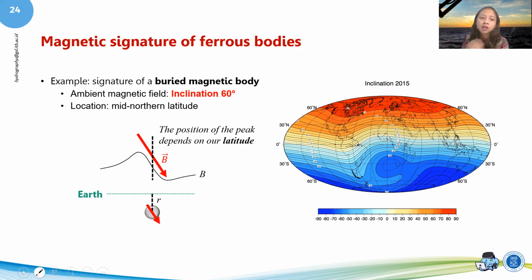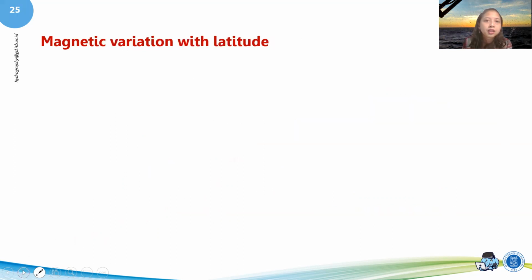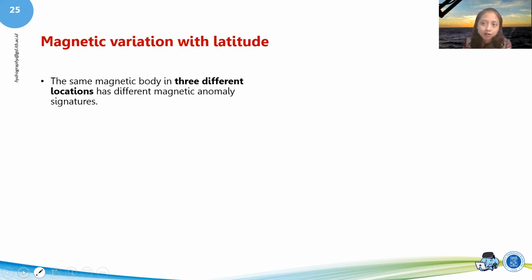So the signal of one body might be different if you are surveying, for example, in Indonesia. The magnetic signal might be different if you are surveying at the North Pole or something like that. So that's basically what we are talking about now.